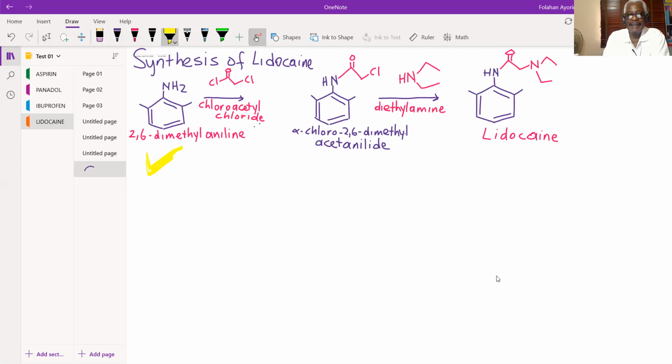And we reacted the 2,6-dimethyl aniline with the chloroacetyl chloride, which is this molecule here. And that gives us this secondary amide right here, the alpha chloro 2,6-dimethyl acetanilide.